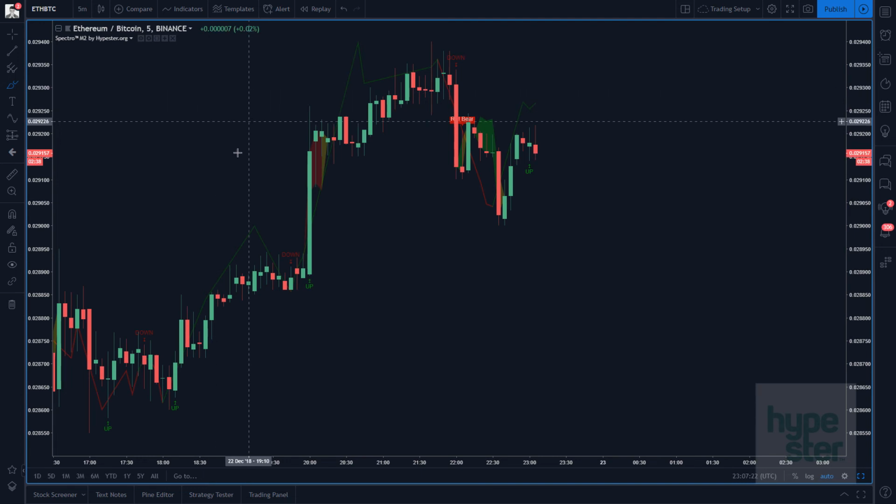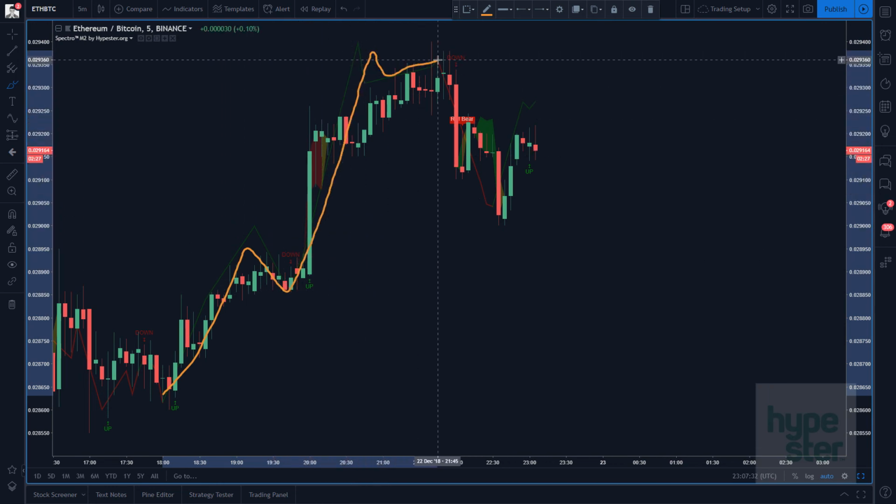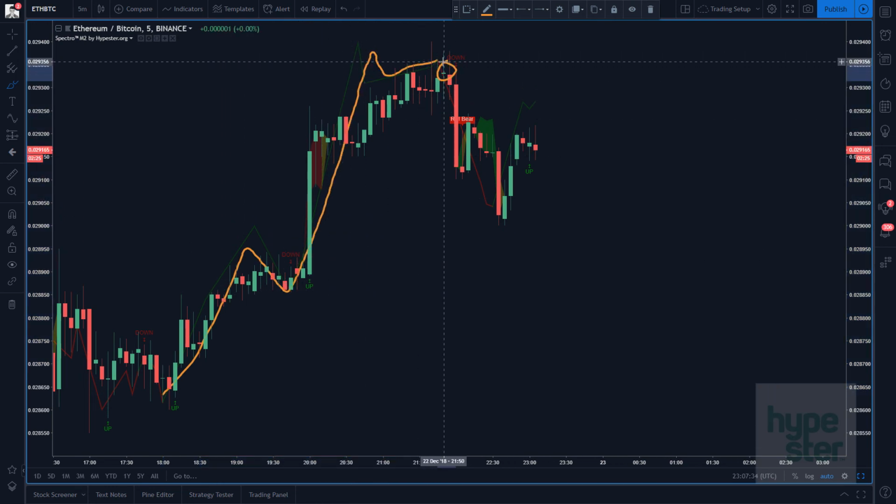There you go. You see how even after this long correction, it never really stopped being bullish up until here. And then it becomes bearish, and now it's bullish.